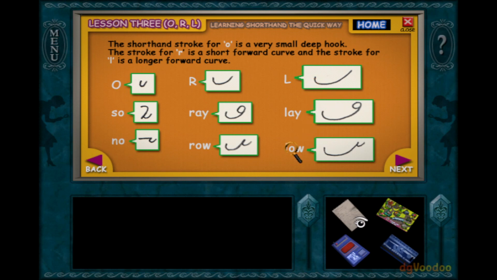Okay. O, R, L. So, ray. Lay. No. Row. Low.